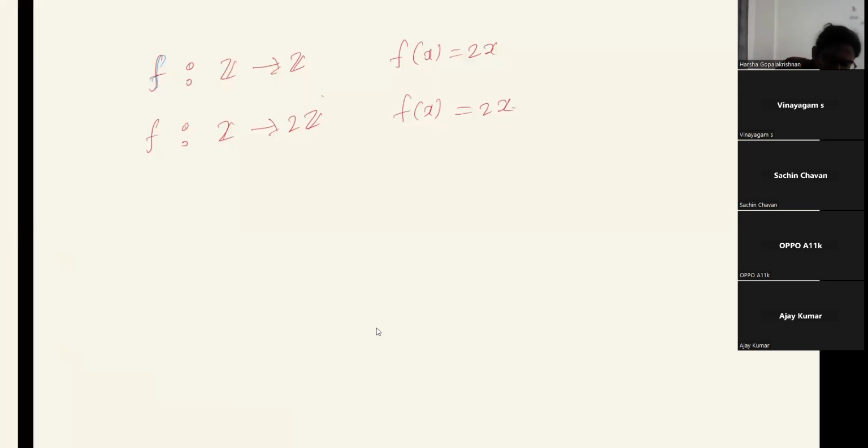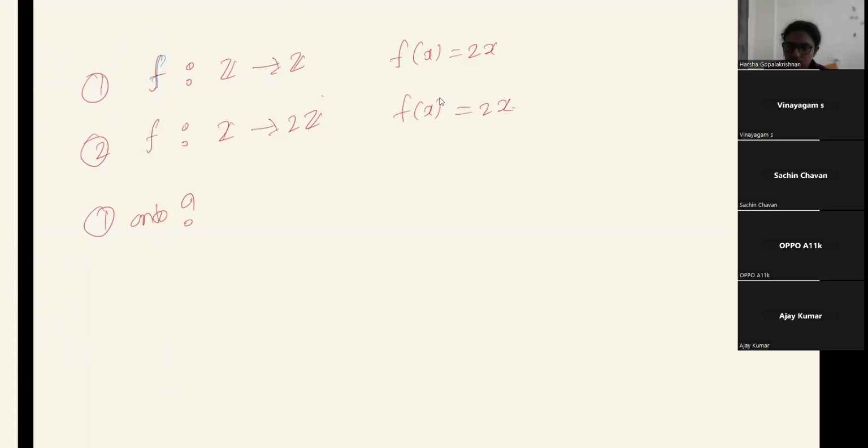For example, the first one: just seeing the definition of the function, you can see whether all the 2x values cover the full set or not. How do you think f of x equal to 2x from Z to Z? Is this onto? Yes, it is onto?